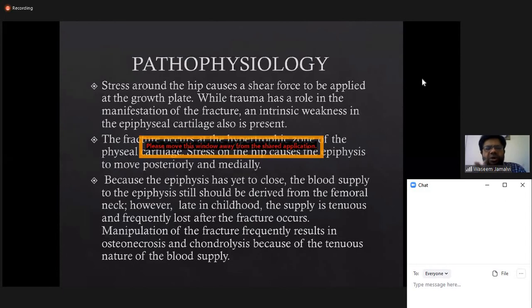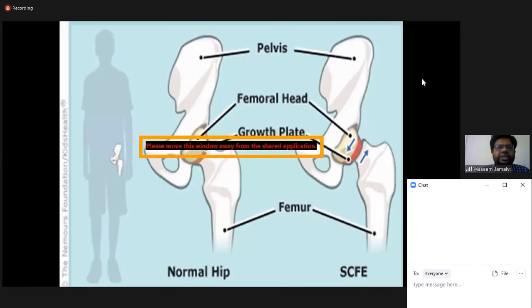The blood supply of the epiphysis is derived from the femoral neck. However, late in childhood, the supply is tenuous and frequently lost after the fracture occurs. So manipulation is important because of osteonecrosis, and if the blood supply is regained, then there are chances of recovery from this disease.